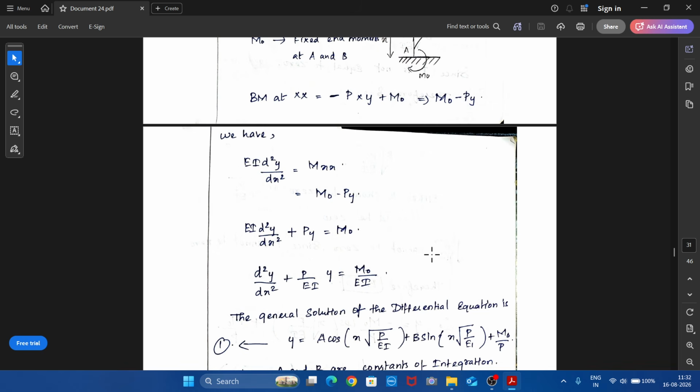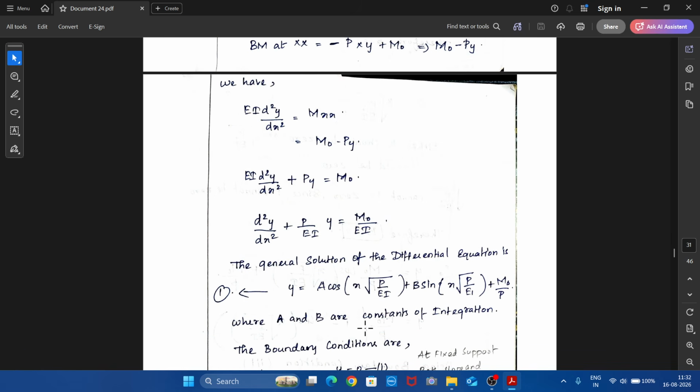And for one end fixed and the other end free, we got A cos x root P by EI plus B sin x root P by EI plus a small a. In this case, we have M naught on the right side, and this P will go to this side. So M naught by P will be the additional term. So y equal to A cos x root P by EI plus B sin x root P by EI plus M naught by P.